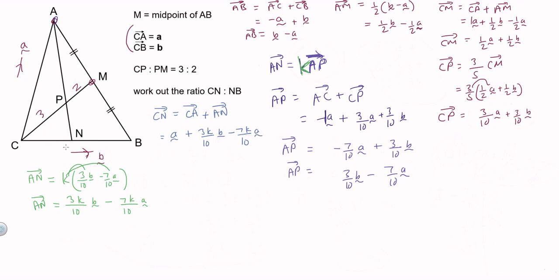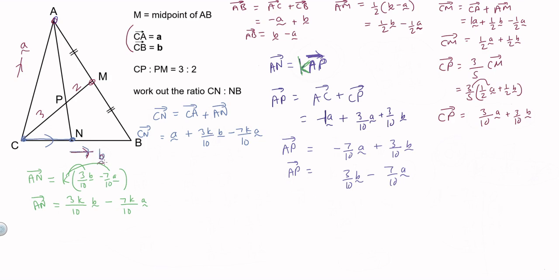Now, this is something you need to understand. What I've just worked out is CN, from here up to N. Now it's in the same direction as CB. It's a bit smaller, but it's in the same direction. And you notice CB is only this b over here.